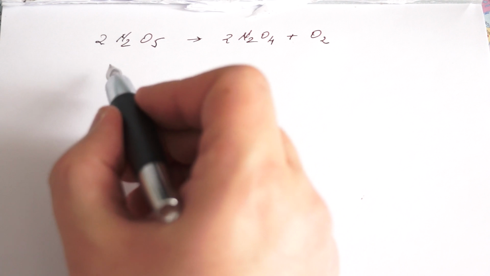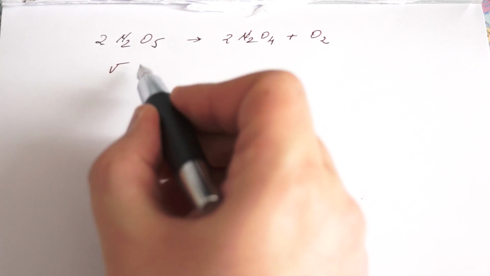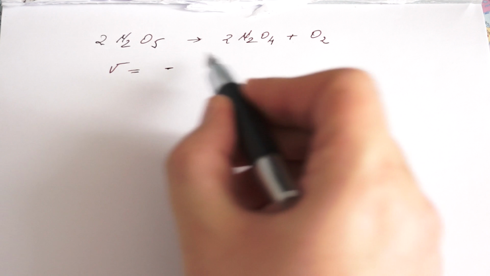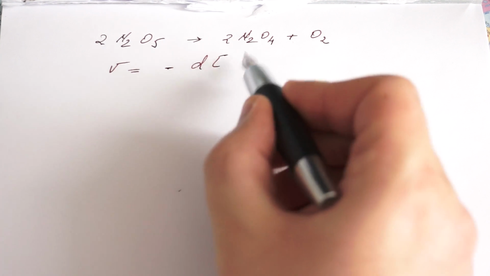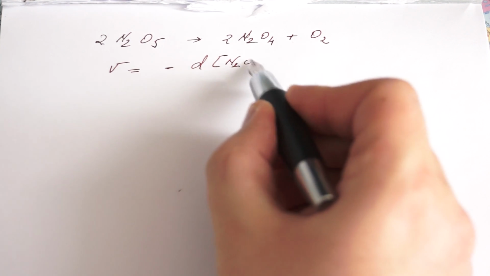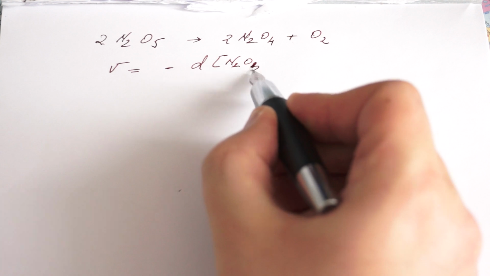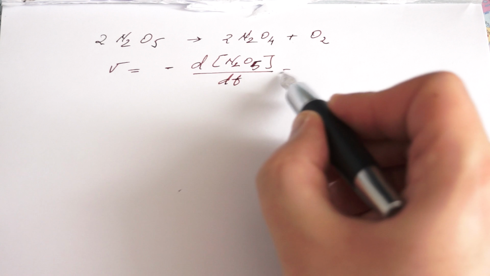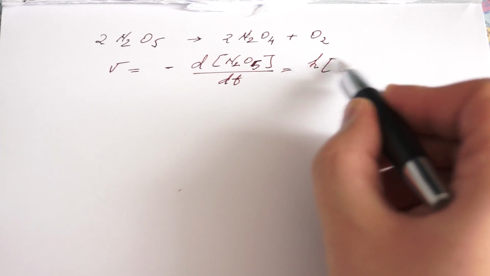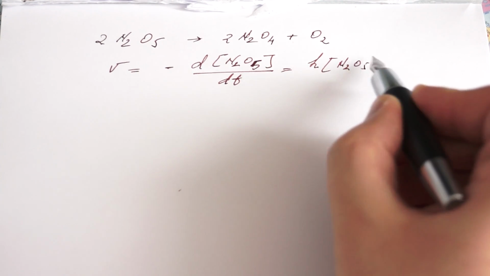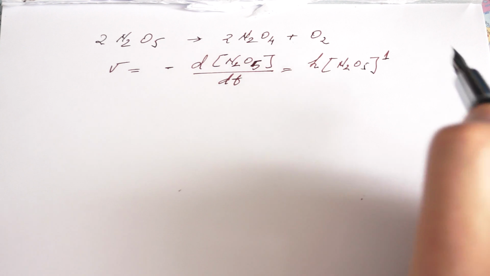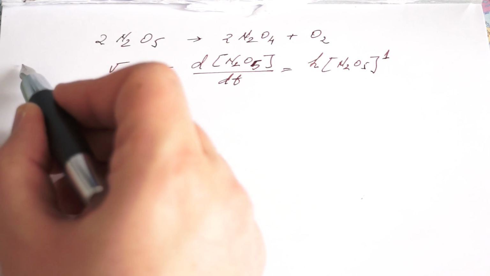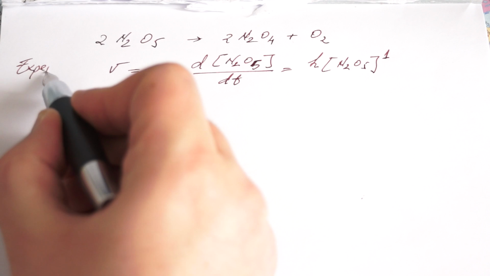Experimentally, it's determined that the kinetic law for this reaction is minus the decrease in the concentration of the reactant over time, which is equal to K[N2O5] to the power of 1. So this is what has been shown in experiment.